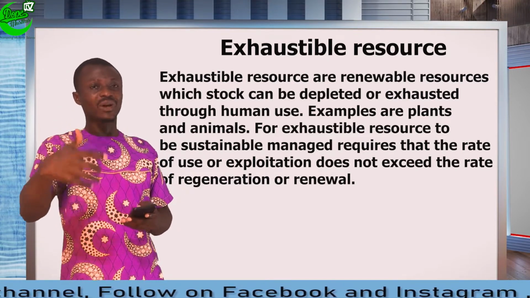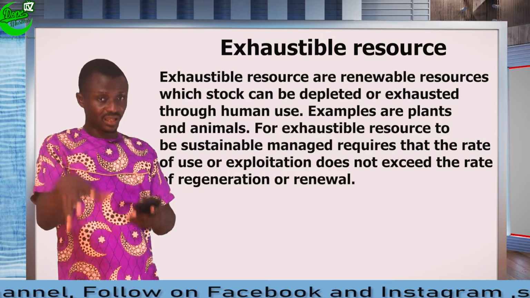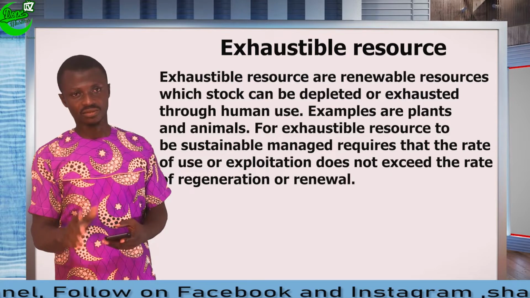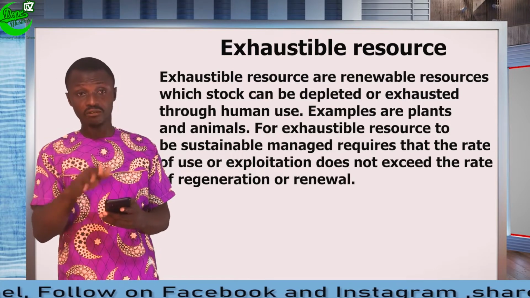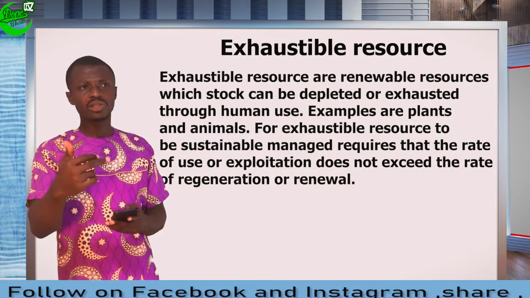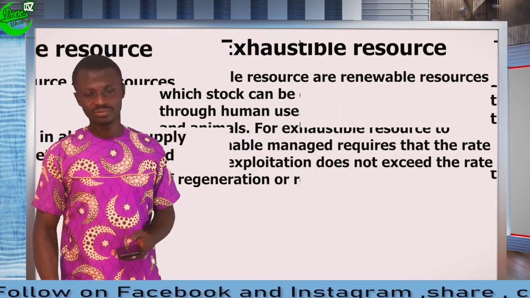It means it is now exhaustible. It can be exhausted. And I said we can talk of plants and animals as a typical example of an exhaustible resource. Let's quickly move on to inexhaustible.